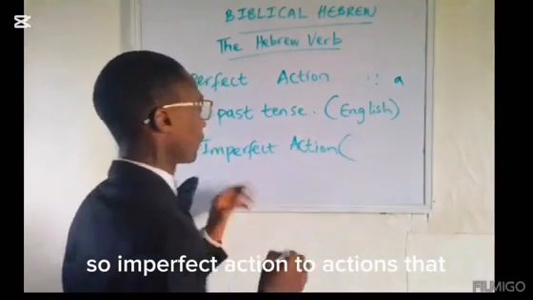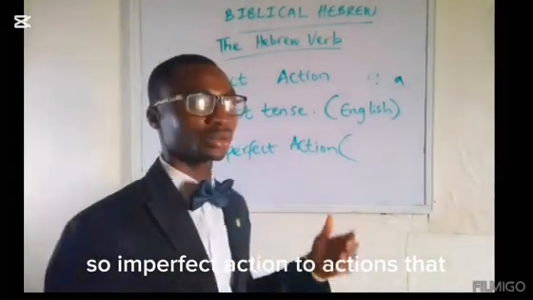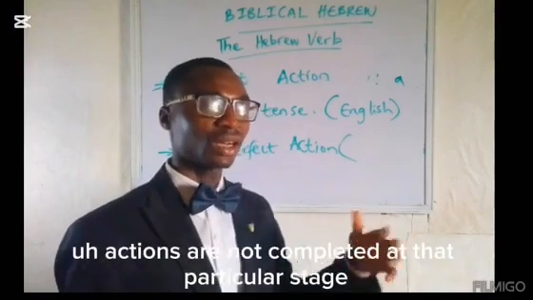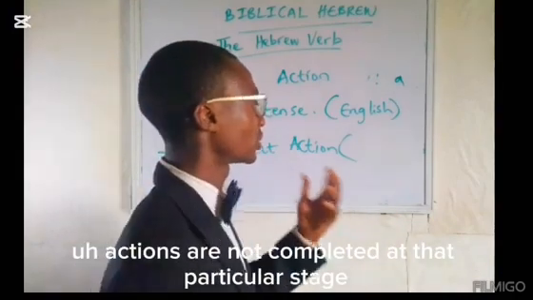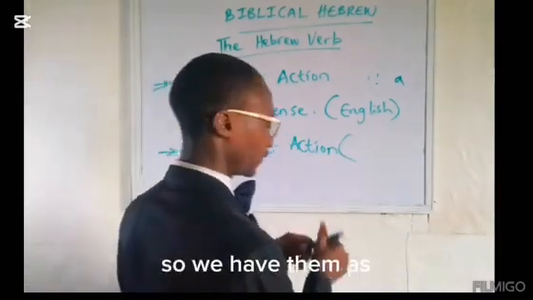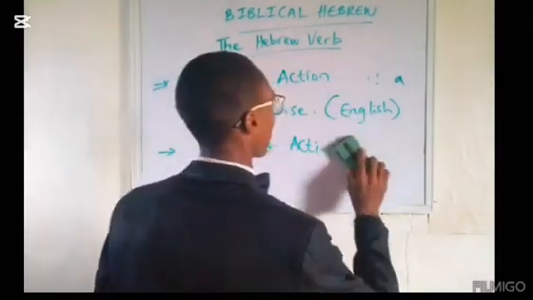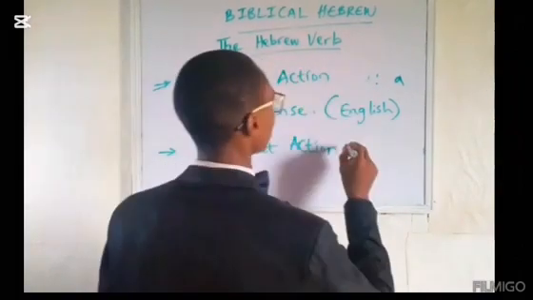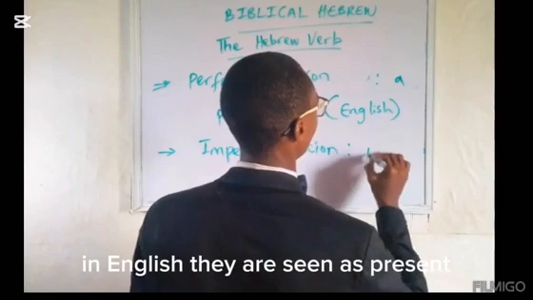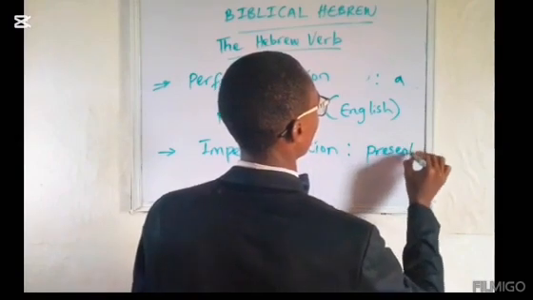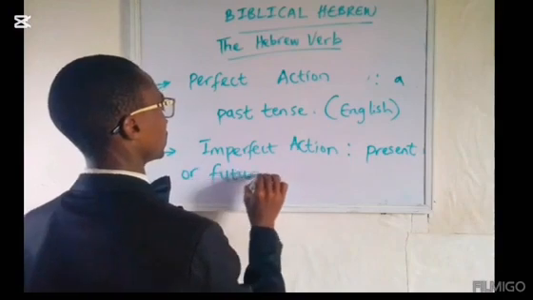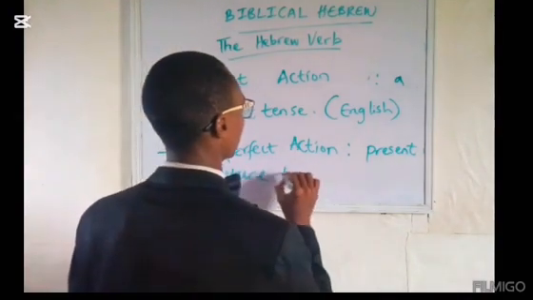So imperfect actions are actions that are seen as incomplete and were not completed at that particular stage. In English they are seen as present or future tenses.